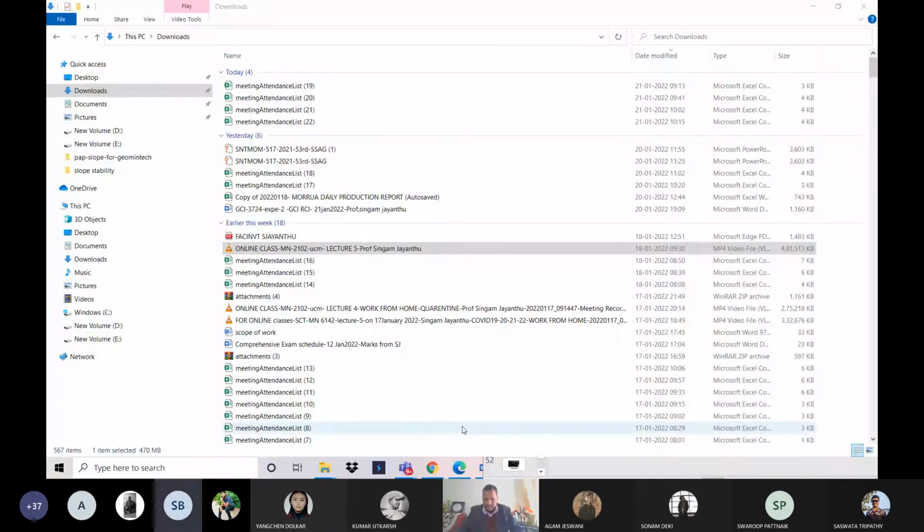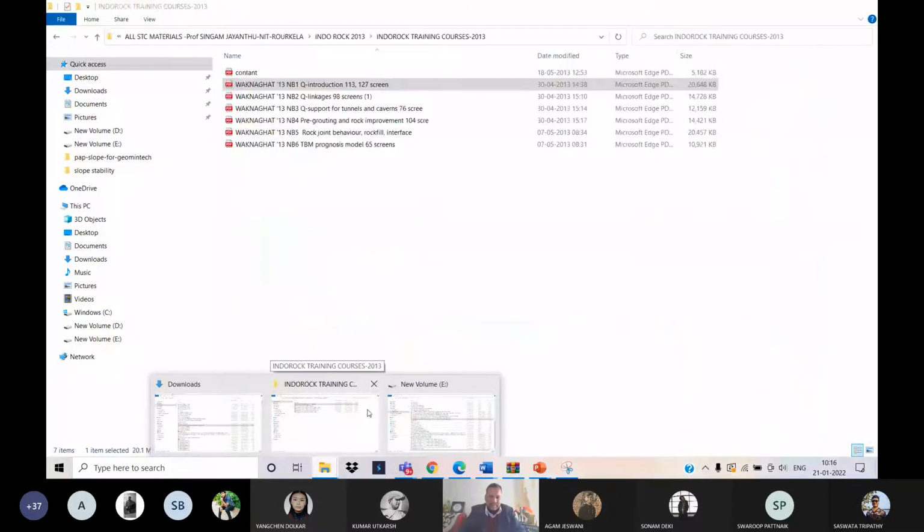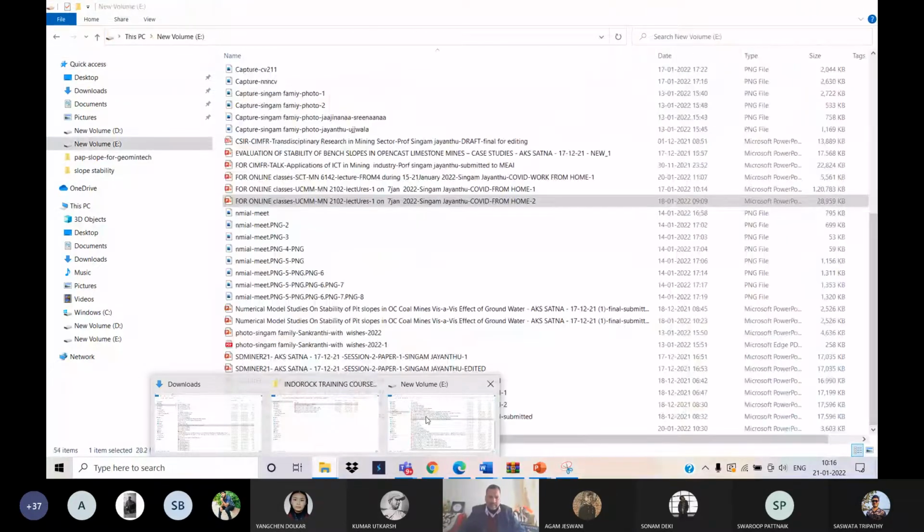Now let me know whether my screen is visible. I am just sharing the screen. Is my screen visible now? Yes, sir. Now that is fine. But as happened yesterday with some connectivity problem, today also I face the same problem with this PPT. But don't worry, I will open that. The PPT was opened and working on it.